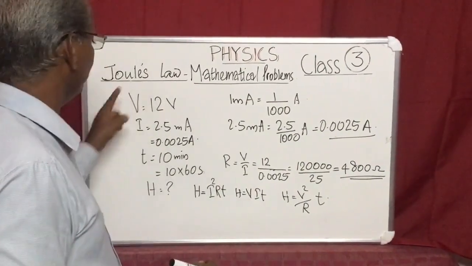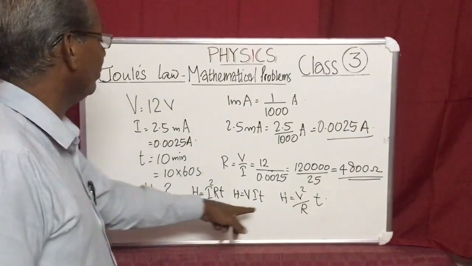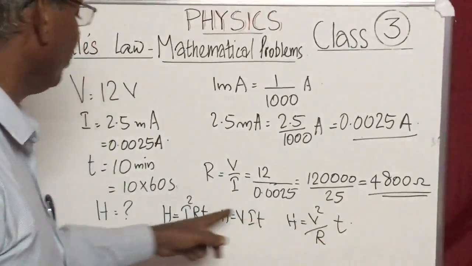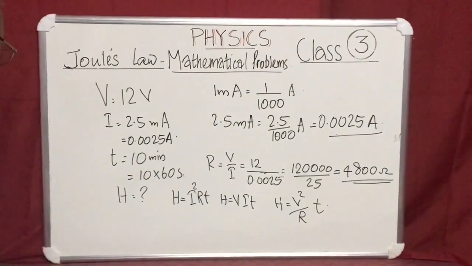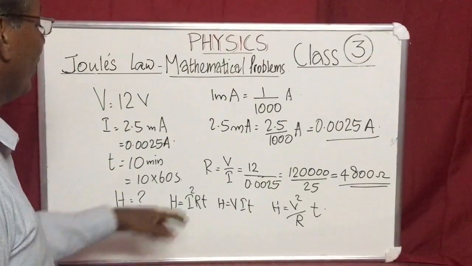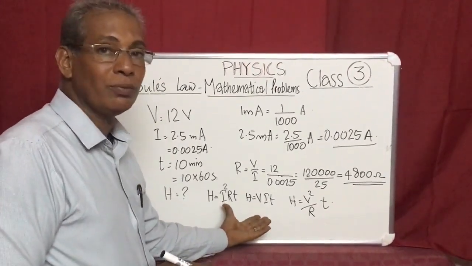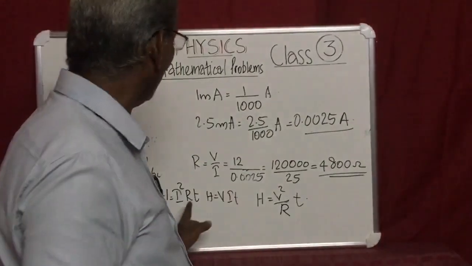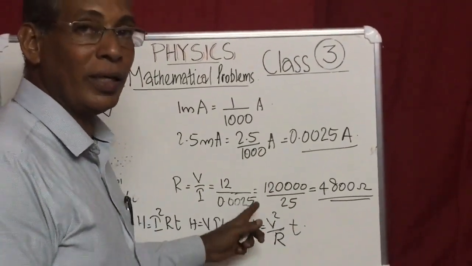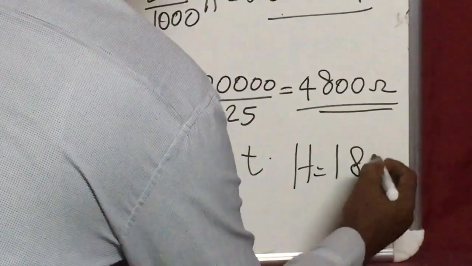Here it is VIT, V, I and T directly. All the values are there. H is equal to V square by RT. If you simply substitute all these values, we get the answer. You complete this yourself, and all three will give the same answer. I will write the answer here so you can check whether you get the same. The answer is H equal to 18 joules.